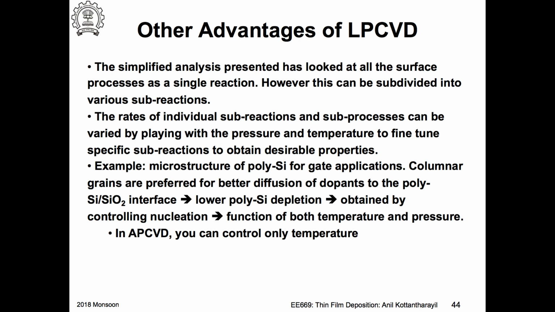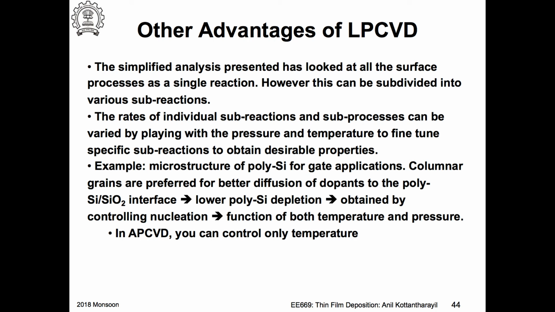Now, if I want to deposit silicon by CVD process, you can get amorphous silicon, polycrystalline silicon, crystalline silicon, depending on what process conditions you use and also what kind of substrate you have. But if you look at this polycrystalline silicon, this is an example that maybe will take a bit more time to explain.